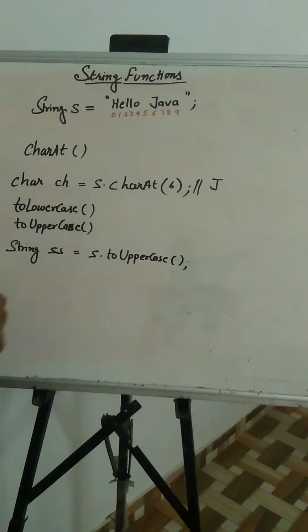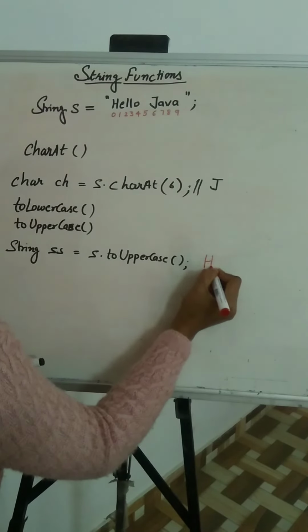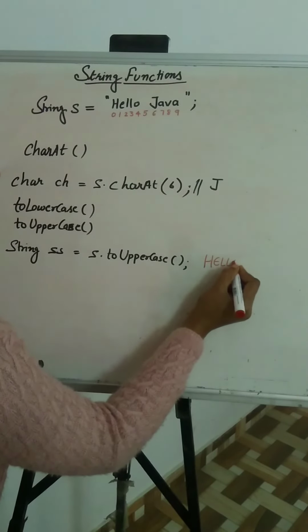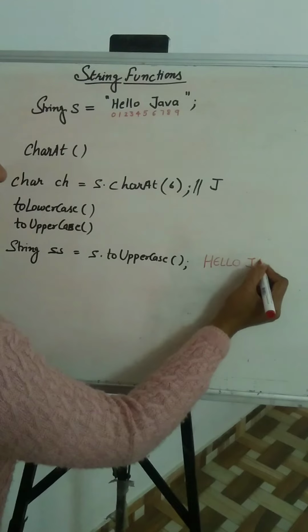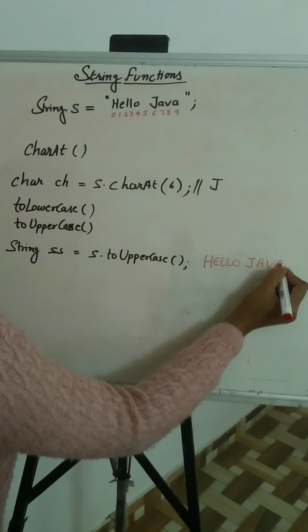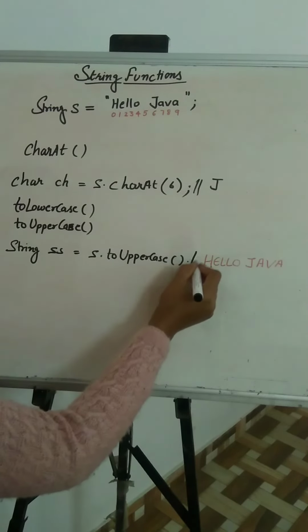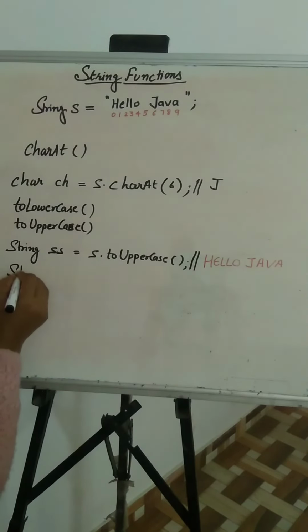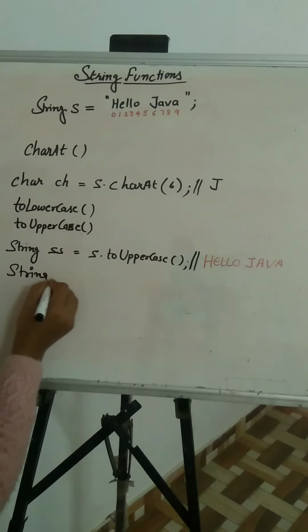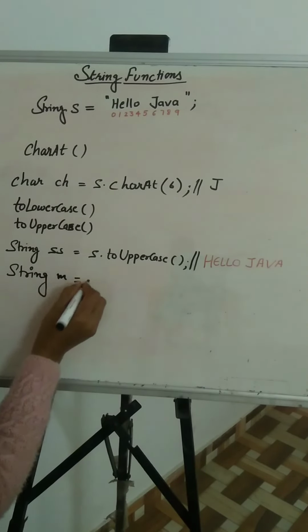According to this statement, it will convert the whole string into capital letters. Capital letters means HELLO JAVA, all characters in capital letters. Clear? Next, if we want to convert into small letters, we write data type String, suppose I am taking variable m.